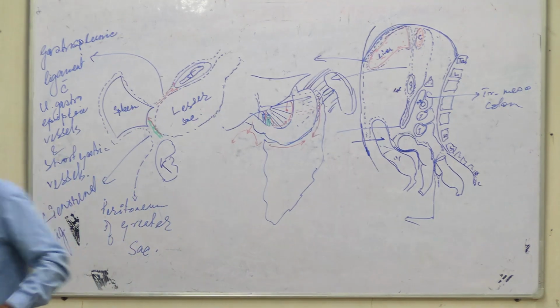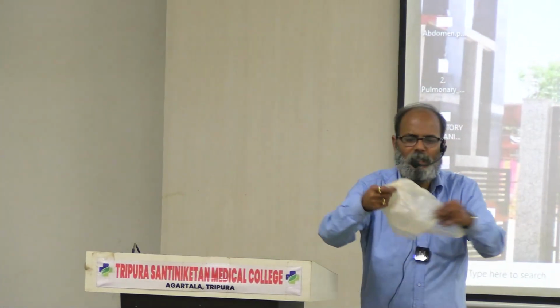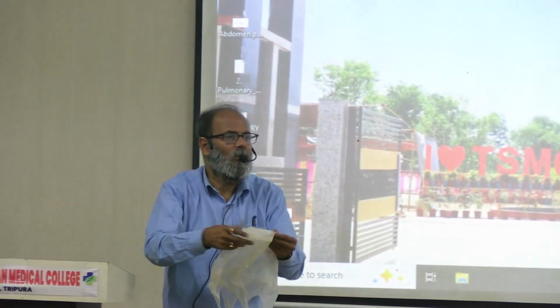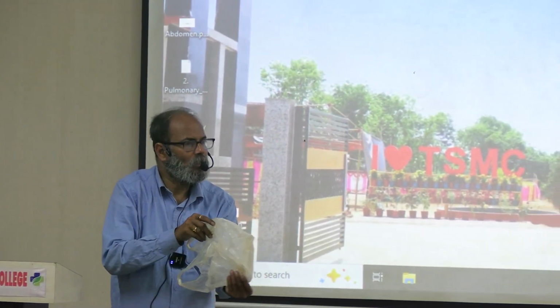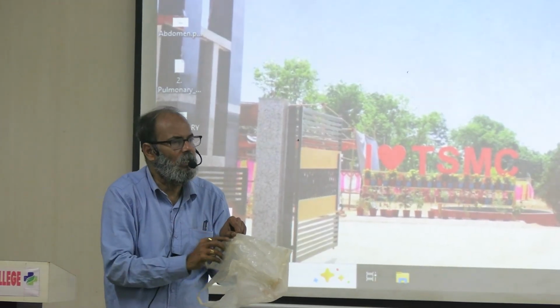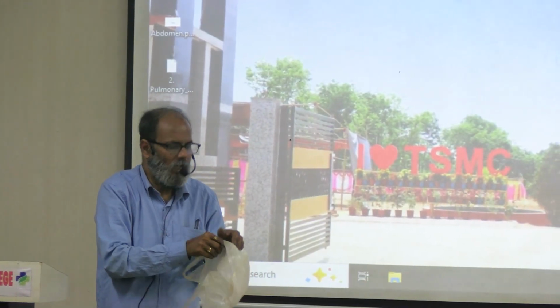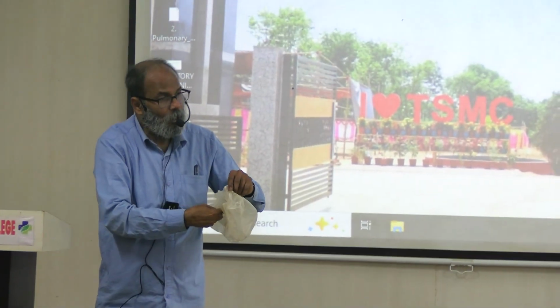You see these two layers attached to the stomach? These are the two layers of the dorsal mesogastrium. One depression is here, one is here.